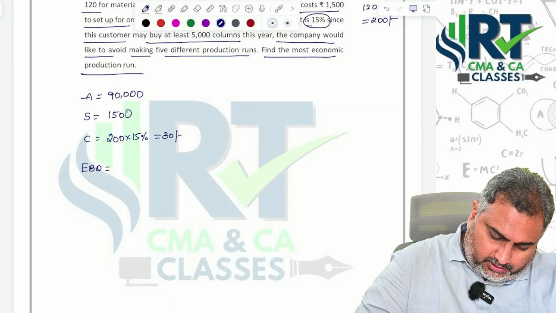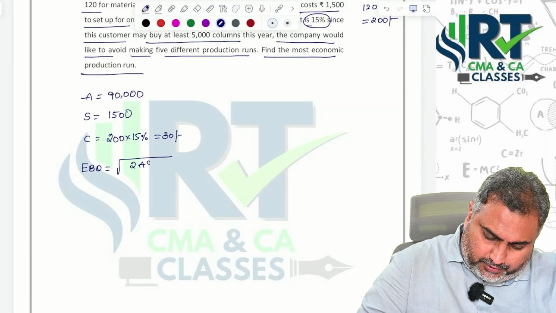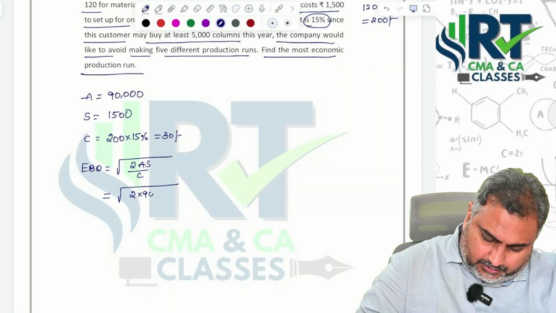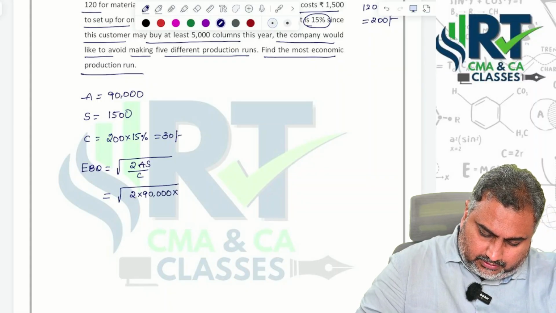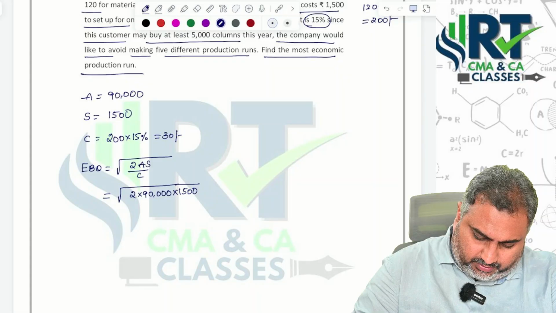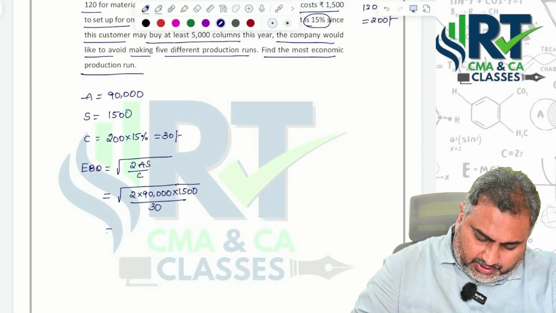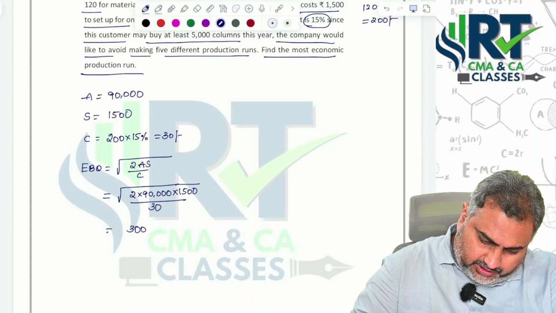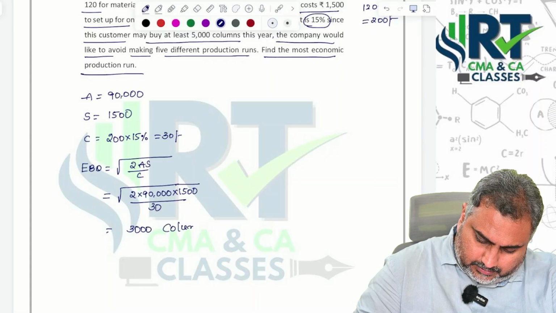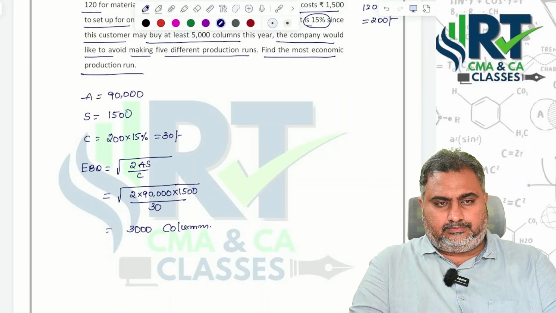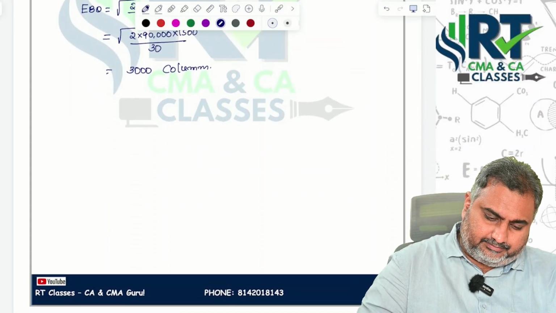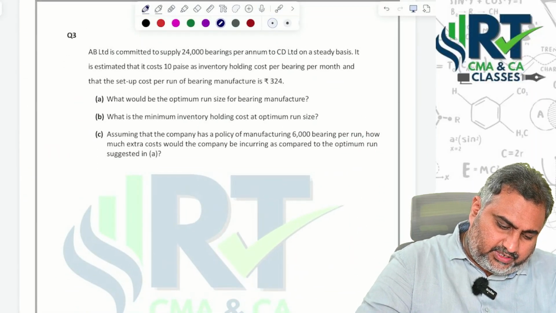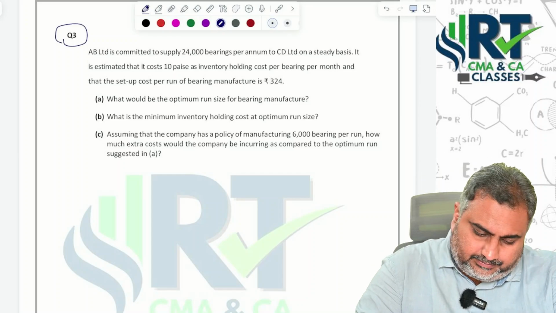EBQ formula equal to square root of 2AS by C, that is equal to square root of 2 into 90,000 into my setup cost given per batch 1500 divided by carrying cost per unit per annum, that is equal to 30. That is equal to 3000 columns. This is the second bit, Nana. Now third bit, concentrate, important question.